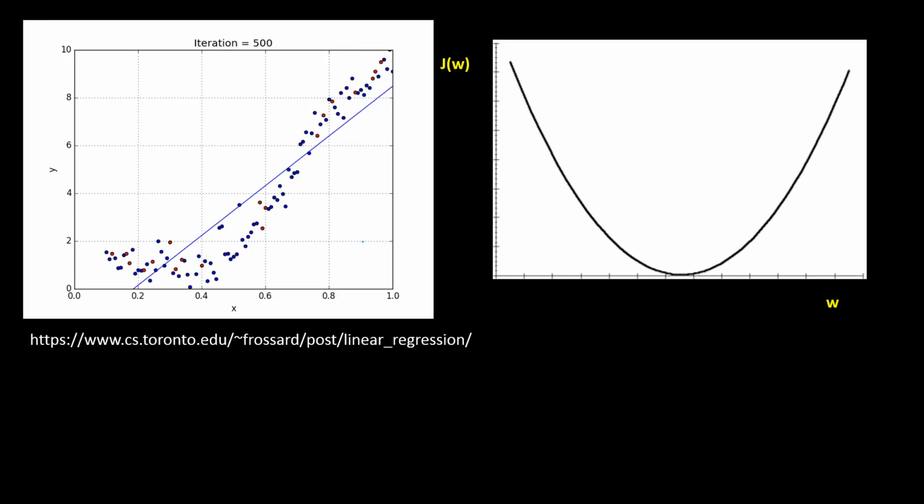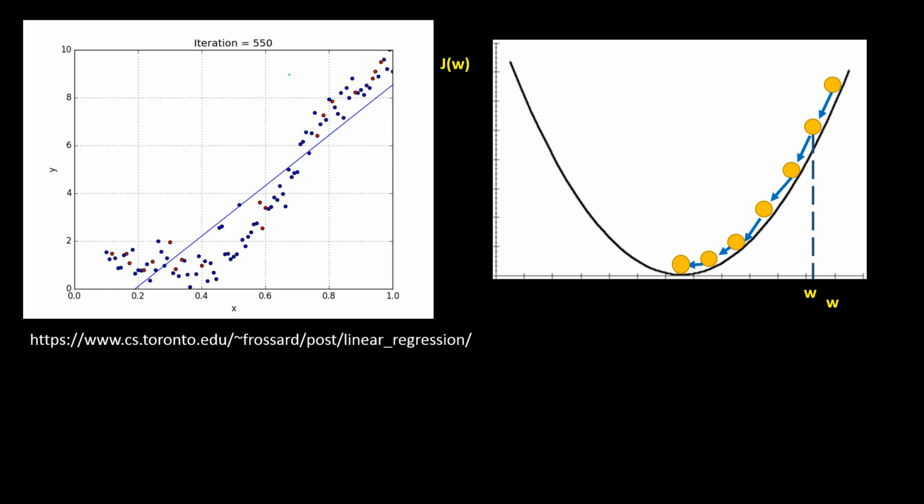So this is one animation I wanted to show you. This is a linear regression line, and initially at iteration 0 the line was not good, but as we keep on improving, the line somehow learns itself and gives the best fit. Initially the line was bad because of our weight value, far from where the cost was minimum, but as we train it over different iterations, it finally reaches here, and that's the best model.